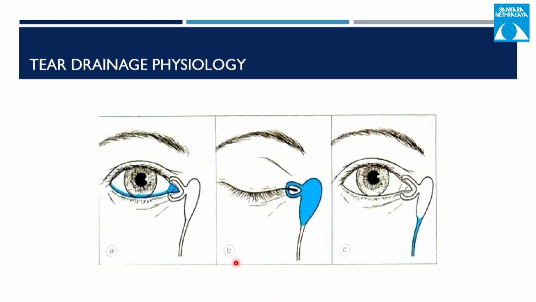Next, when the patient opens his eyes again, it gets unsqueezed and a negative pressure is formed in the sac and the canaliculi. In that way, the tears present on the eye get sucked in, and the backflow from the canaliculi is prevented by the valve of Rosenmuller. So this happens in a cycle.